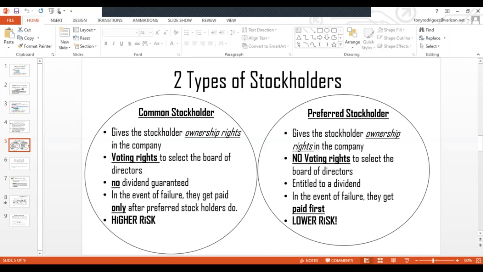Also, in the event of a failure or the company goes belly up, these preferred stockholders get paid first after the company liquidates their assets. There is a lower risk in being a preferred stockholder because they're entitled to that dividend. They look forward to getting that dividend whenever the company does decide to pay it out.